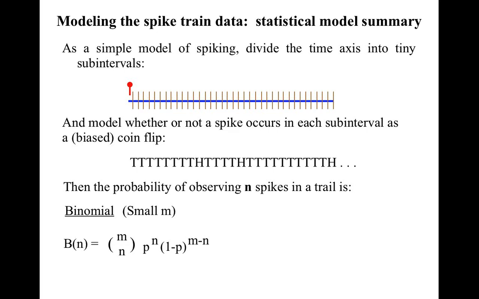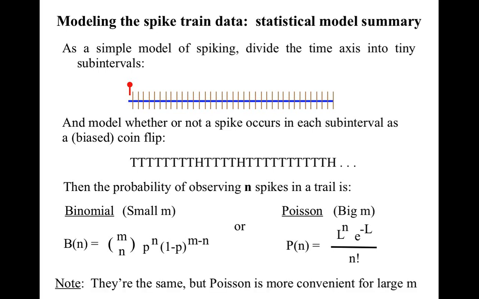And what is it? Well, when the M is small, we can use the binomial distribution, and we can compute the probability of getting N spikes in all of these subintervals, and we can compute this quantity. Or when M is large, we can use the Poisson distribution, where in this case we have an expected number of spikes that we think we'll get across this trial, and we ask what's the probability of not getting the expected number, but perhaps something different, N, another number of spikes.